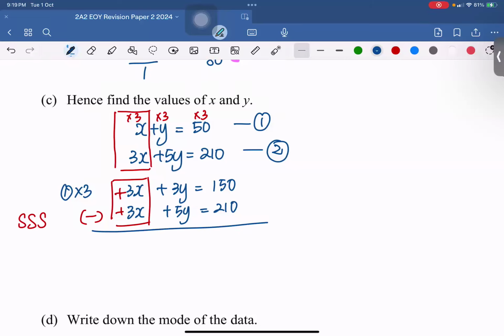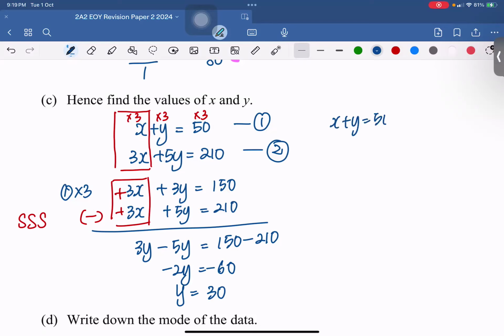This is 3y minus 5y, 150 minus 210, negative 2y equals negative 60, y equals 30. Now, after I found y equals 30, x plus y is 50, x plus 30 equals 50, x equals 20. Answer. So either you do elimination or substitution, both are okay.